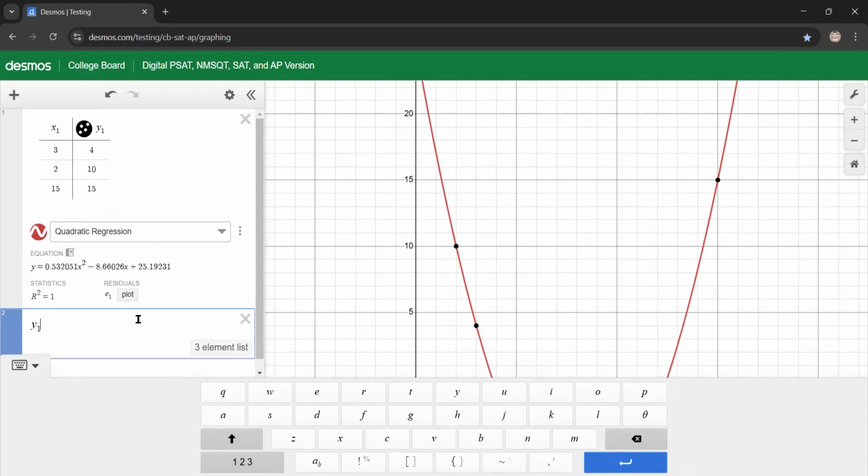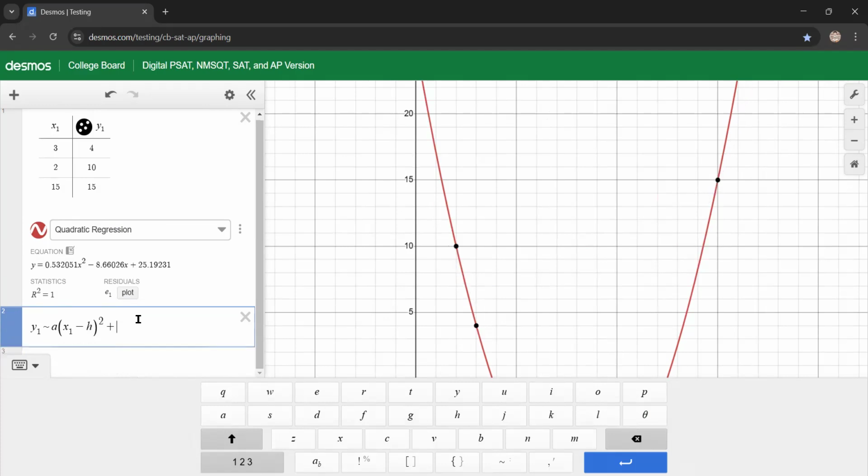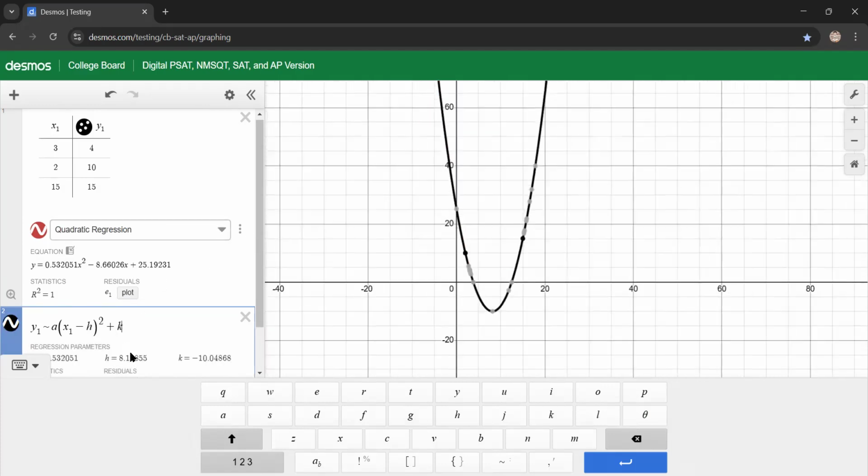I'll do y1 is approximately a, parentheses, x1 minus h, whole square plus k. Okay, see, the graphs are exactly the same, no?